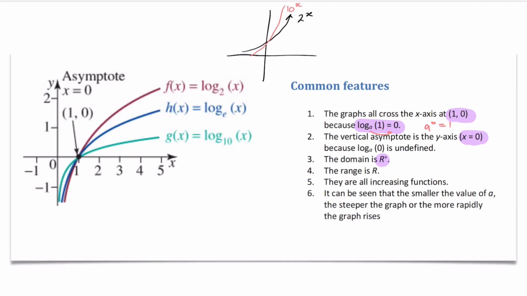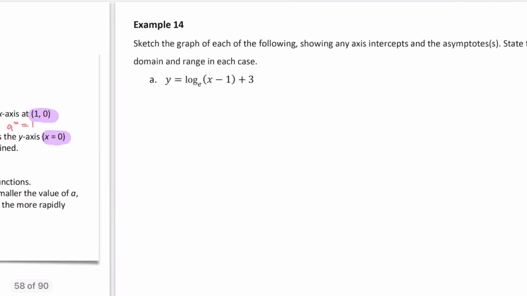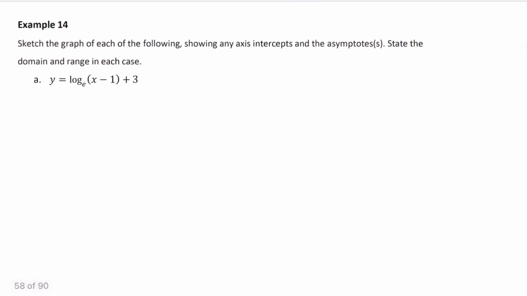The domain is R positive, so that's everything after 0, not including 0, but the range is R. So that's from negative infinity to infinity, again, opposites. All of these are increasing functions, and it can be seen that the smaller the value of a, the steeper the graph is going to rapidly rise, which is the complete opposite to exponentials. So that's all the information that you need. Let's go ahead and start sketching.